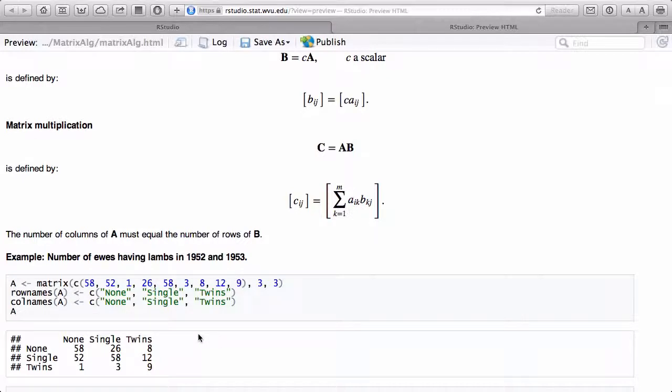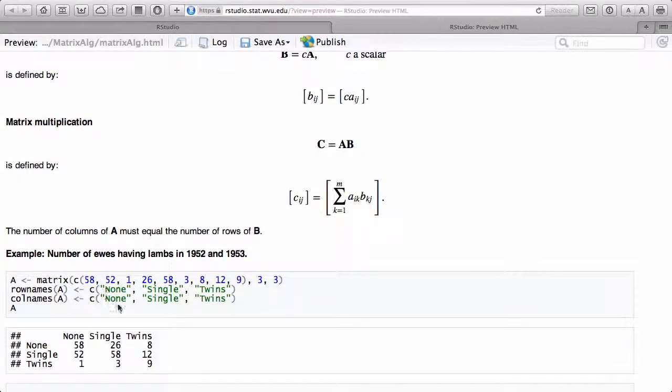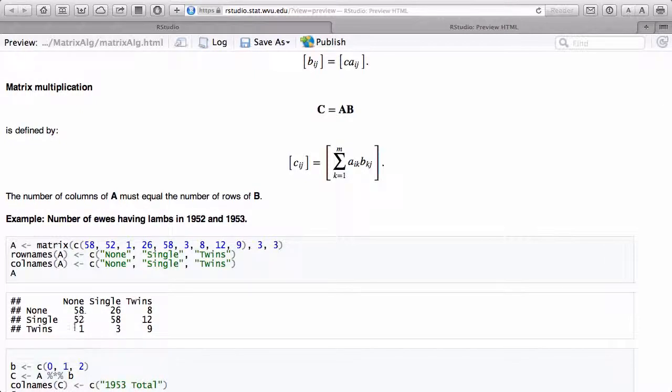Matrix multiplication in R. Suppose I'm looking at the number of ewes having lambs in 1952 and 1953. By the way, the number of columns of A must equal the number of rows of B in order to do matrix multiplication. Otherwise, I couldn't take that inner product. Here I'm representing the number of ewes for 1952 and 1953 as a matrix.